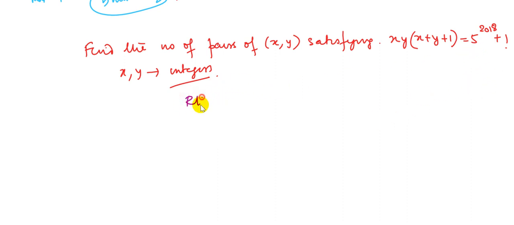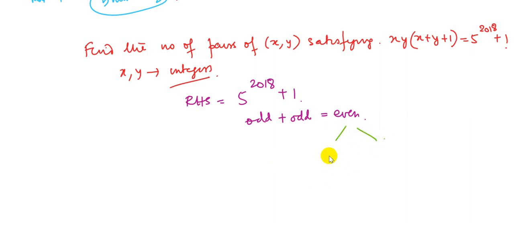Now my right hand side is 5 to the power 2018 plus 1. Now 5 to the power anything is always odd. So this will be even. Now even numbers can be categorized in two different ways.